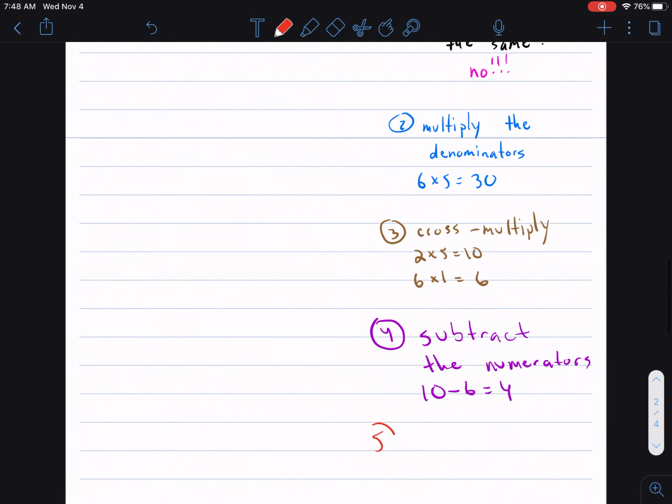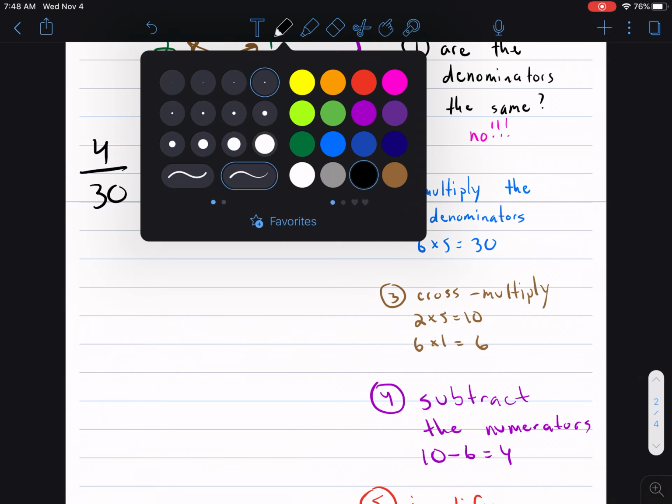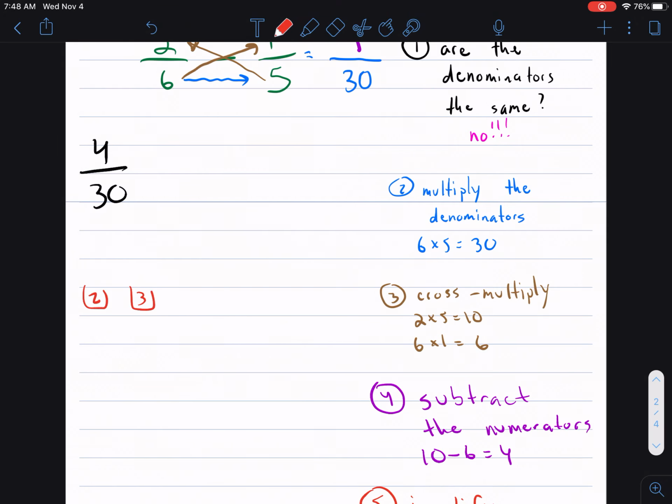And last, simplify. So I have 4 over 30. I have 2, 3, 4. Because 4 is my small number, I can only go up to 4. Nada más voy hasta 4 porque 4 es mi número pequeño. 4, 8, 12, 16, 20, 24, 28, 32.